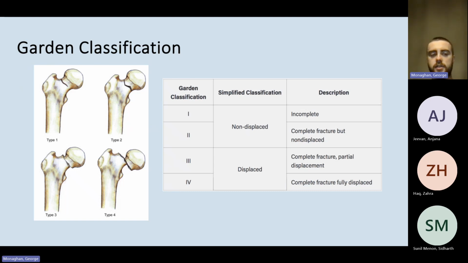You can see there's a much more drastic move across the fracture line, and it's in a much further out position than type 3. So the difference between 3 and 4 is the amount of displacement that we're seeing, and the difference between 1 and 2 is whether the fracture is complete or incomplete, and that determines the treatment options, which we talked about a few slides ago. As we said in the previous slide, the highest risk of avascular necrosis is 3 and 4, and that's because of the displacement of the femoral head.